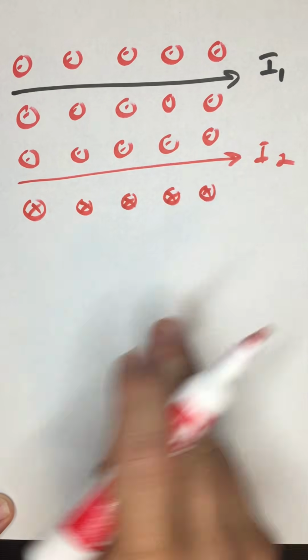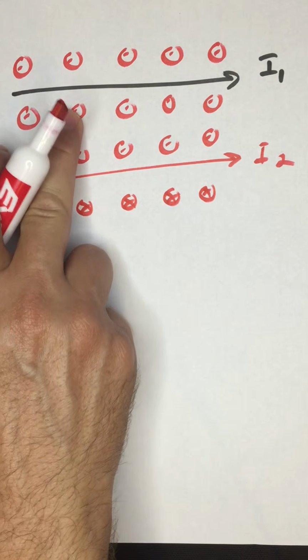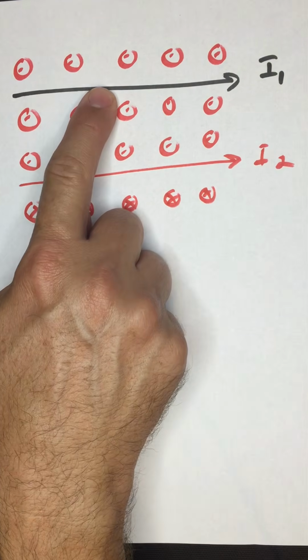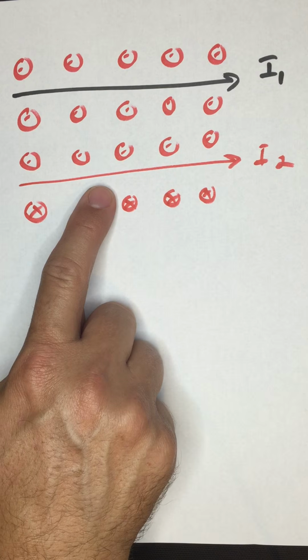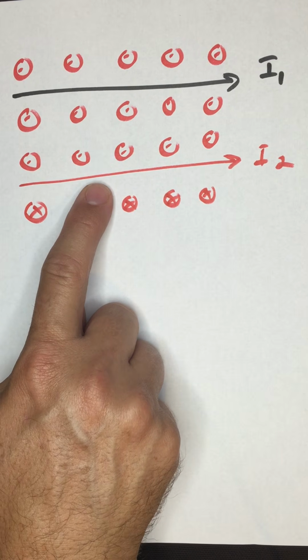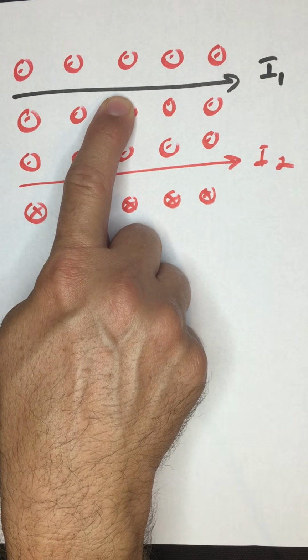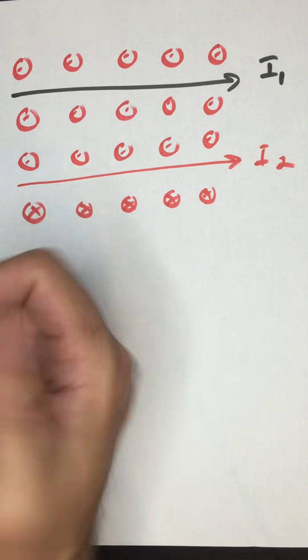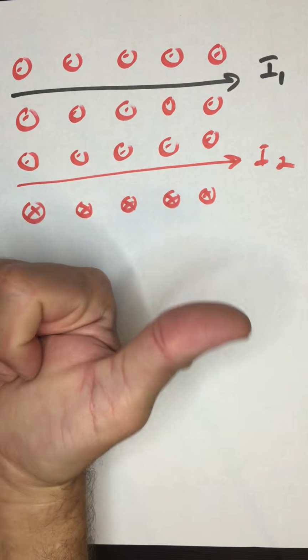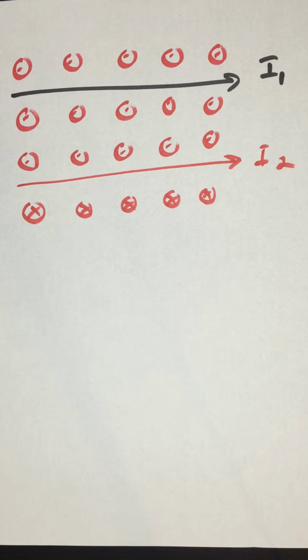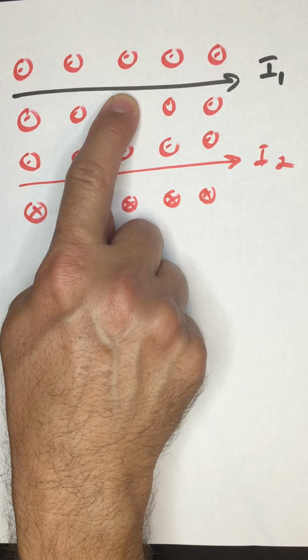I'm only going to draw one line because I really only care about what's going on up here. Because what I want to know is what happens to I1 because of I2, right? If I2 is producing a magnetic field, that magnetic field will exert a force on I1. So I got this field from using this right-hand rule, thumb in the direction of what's straight, fingers in the direction of what's curved. Now I need to determine the force.